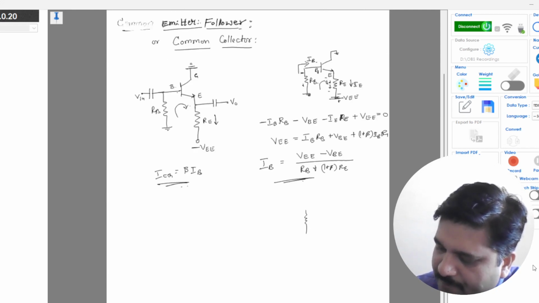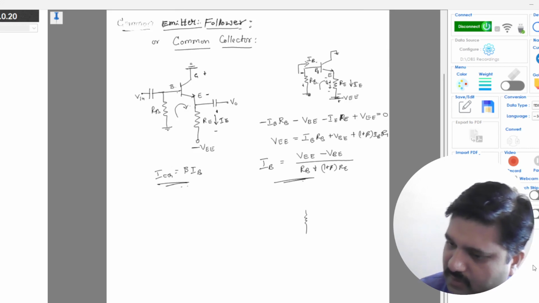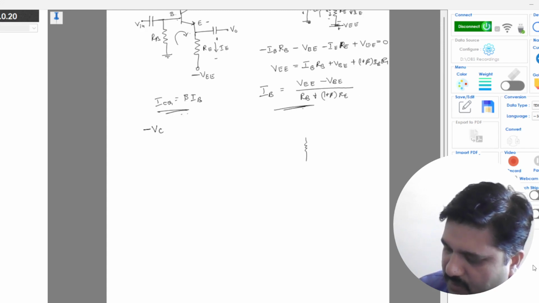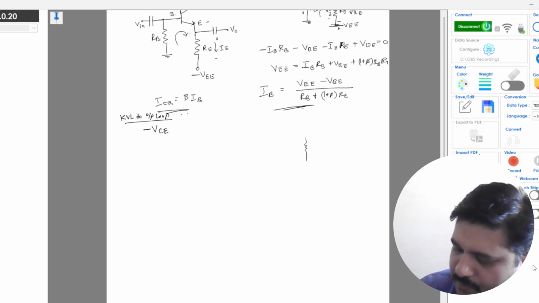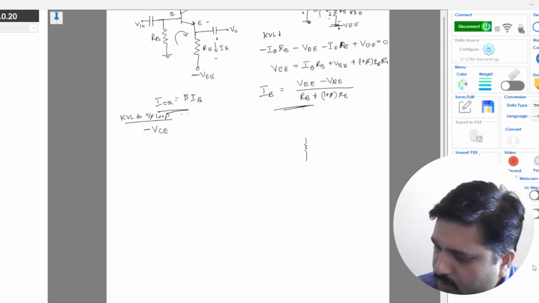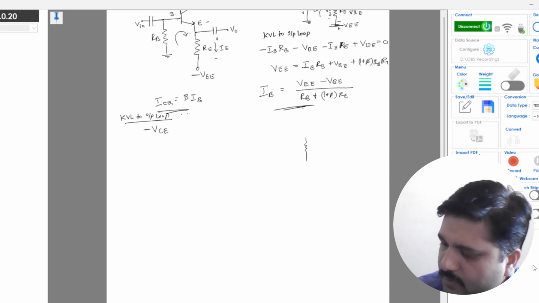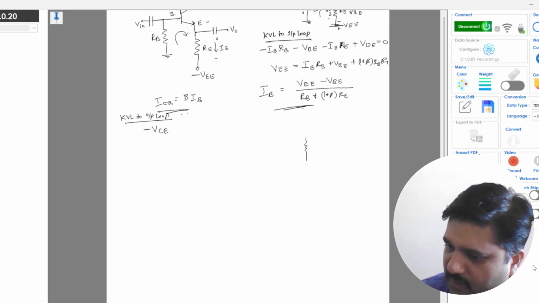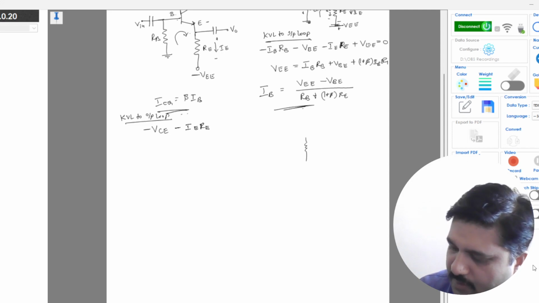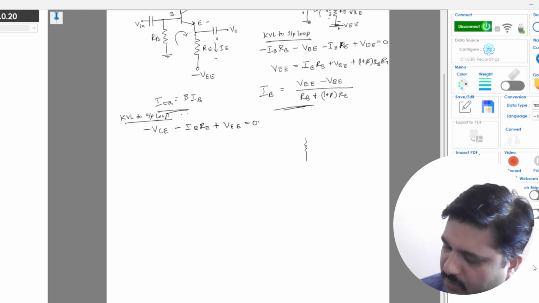So this is my direction of IE, which means this is plus and this is minus, and this is plus and this is minus for VCE. So I will start the other way around, so it is minus VCE, the KVL to output loop, and minus IE RE, and you have minus, so it is plus VEE is equal to 0, right?